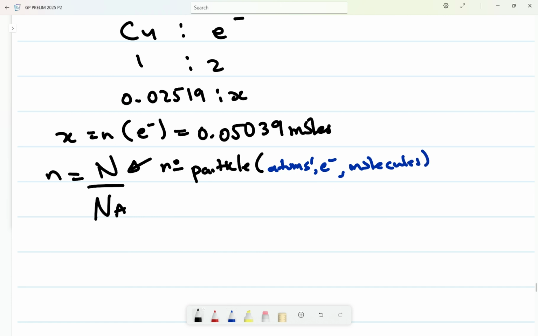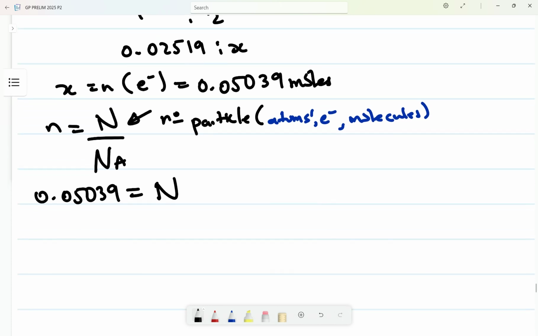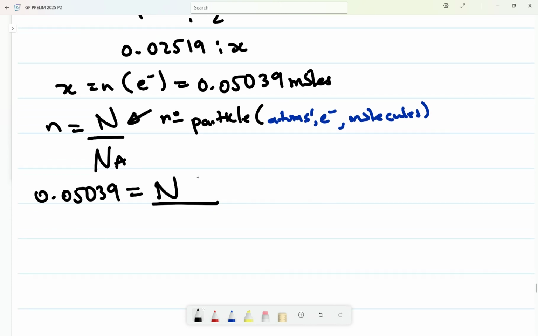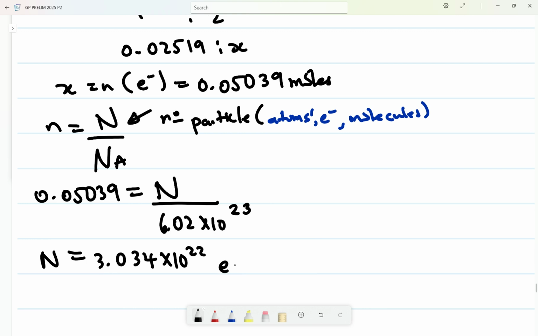So I have the number of moles of electrons to be 0.05039, then n, which is the number of electrons I'm looking for, divided by Avogadro's constant, 6.02 times 10 to the power of 23. And then n is going to be 3.034 times 10 to the power of 22 electrons.